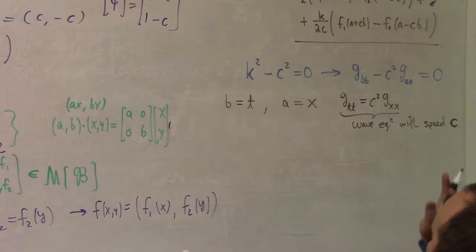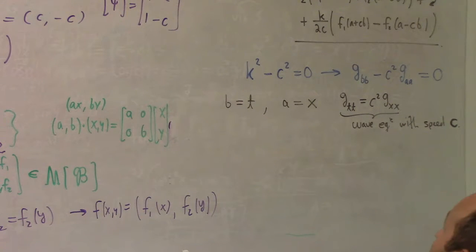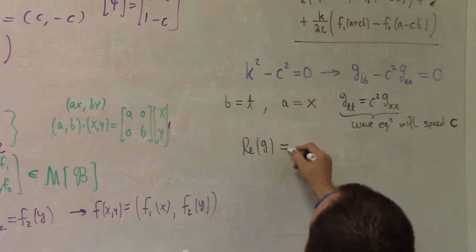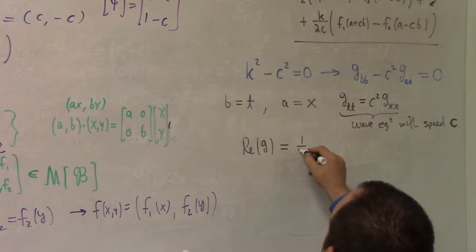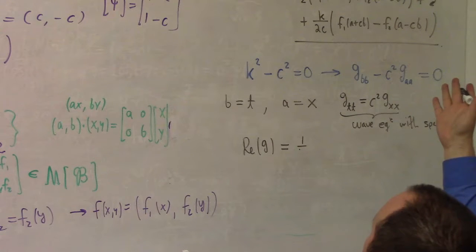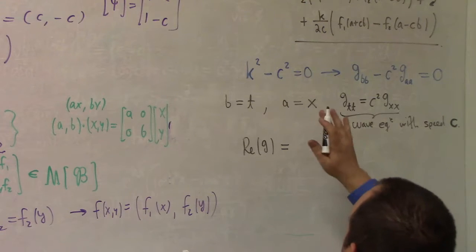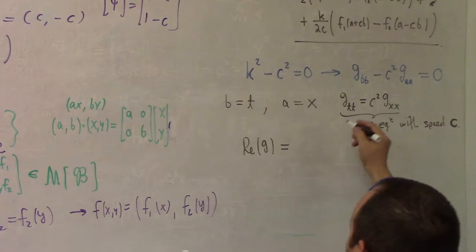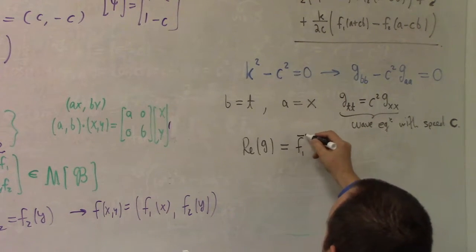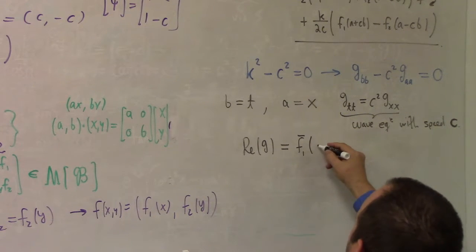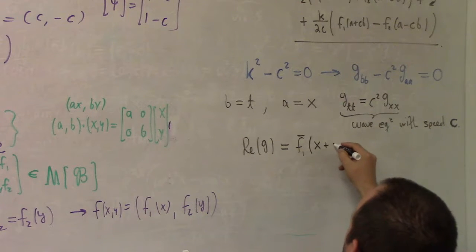So the real and the k-imaginary component of G, the real part of G is what? 1/2, right? You can absorb the half and the C into the functions, right? So if you'll allow me, I'm just going to abuse notation and say F1 bar. That's not an abuse, actually, it's just annoying. F1 bar, A was X plus CT, right?